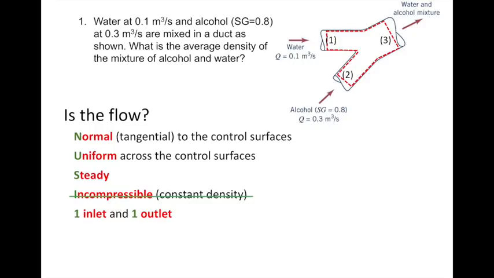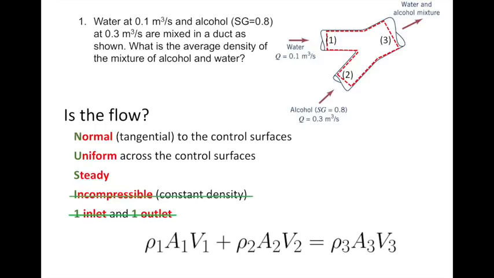How about one inlet and one outlet? No, obviously not. I've got two inlets, so that assumption is out. So the equation that I want to set up is going to be one that will represent normal, uniform, steady flow. I think that looks like this.